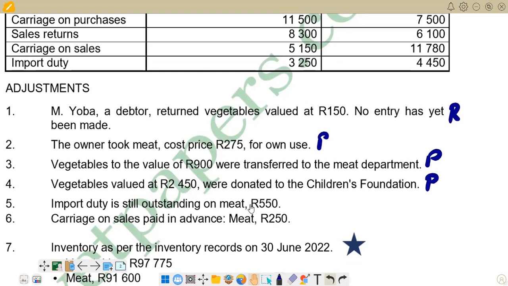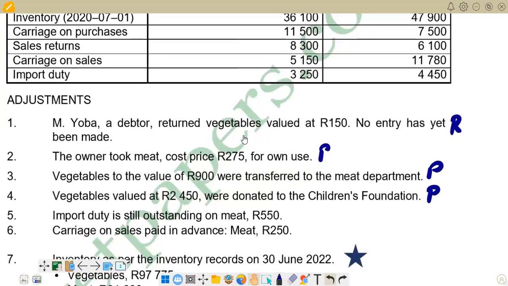So for meat, we are going to add 550 to the import duty that we are given there, which is 4,450. So for meat, we are saying 4,450 plus 550 to get the total import duty for meat.